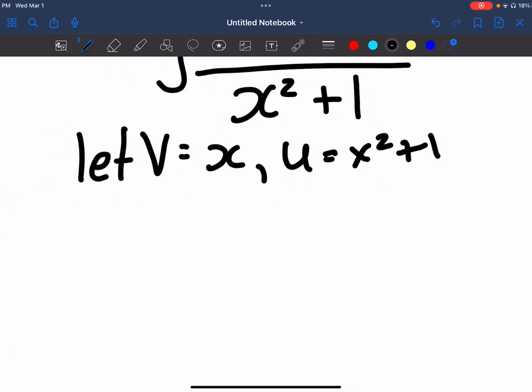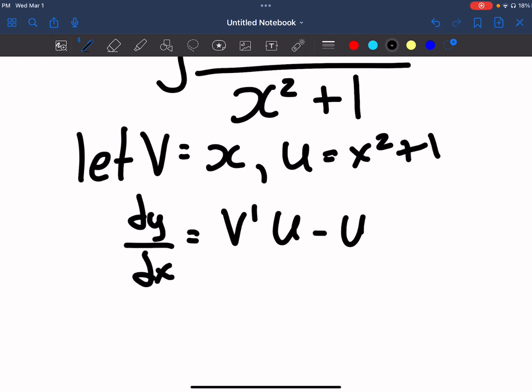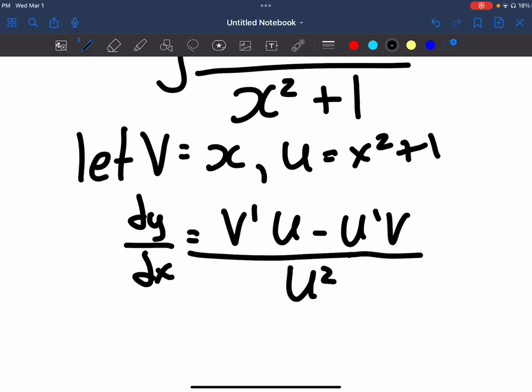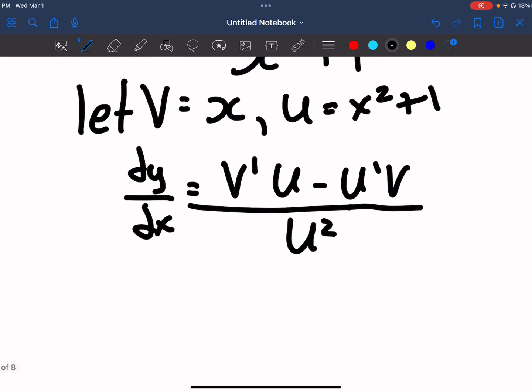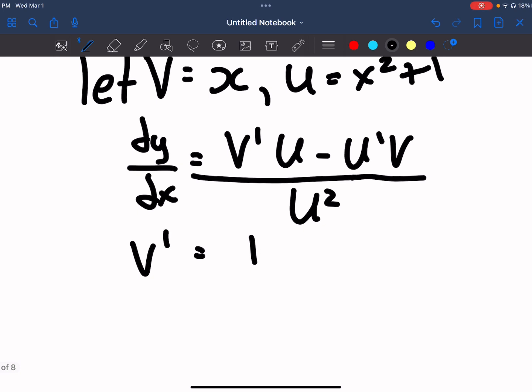We'd say dy by dx equals V prime U minus U prime V over U squared. So V prime equals 1, U prime equals 2x.